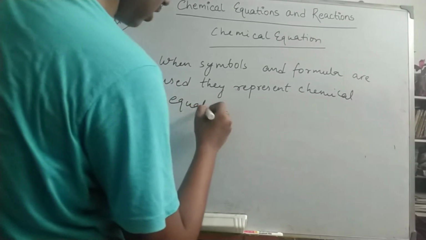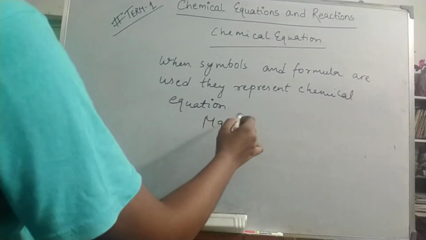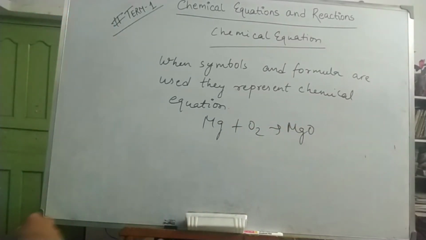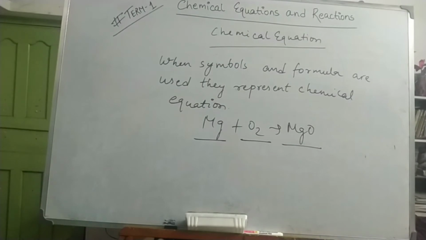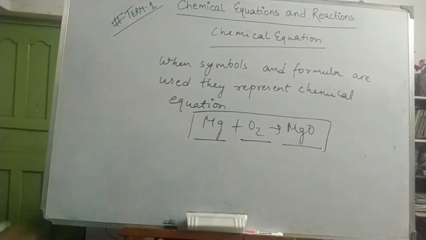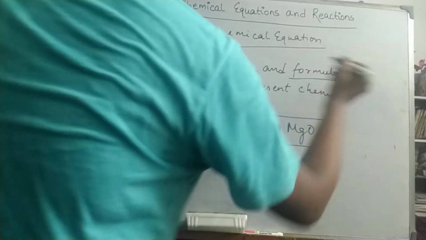This is the definition of chemical equation. I have written Mg plus O2 gives MgO. Here I am giving the symbols of magnesium, oxygen and magnesium oxide. So this is a chemical equation. This whole thing is a chemical equation where I have represented symbols and formulas.